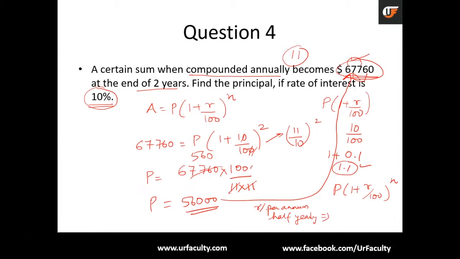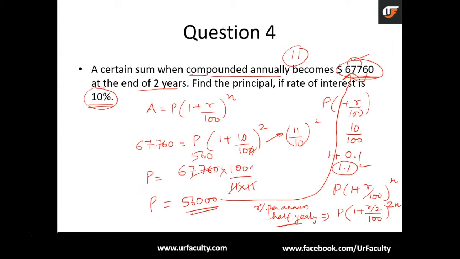What happens to our equation? Your rate of interest becomes half. And what happens to your duration? You are doing it twice a year, so it becomes 2n. So your equation becomes P into 1 plus R by 2 by 100 to the power of 2n.